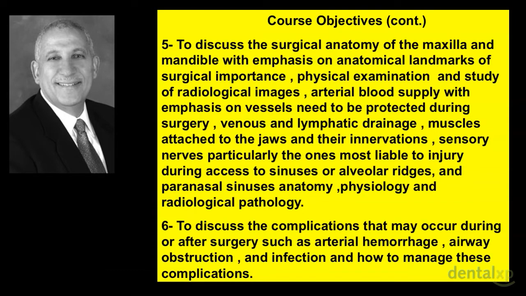We need to deal with the arterial blood supply, so you will know which arteries you're going to be interfering with or avoid to expose. And we will emphasize the vessels that need to be protected during surgery.